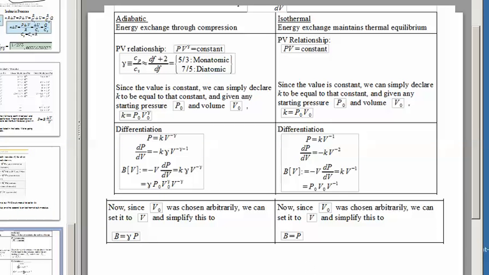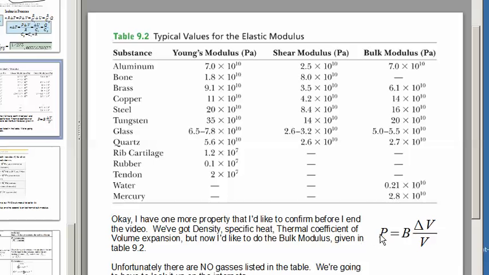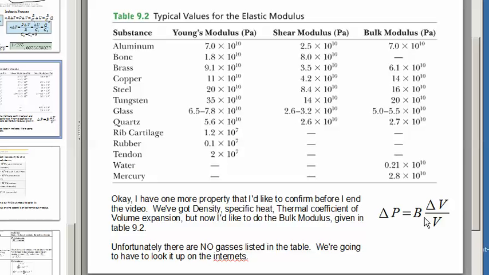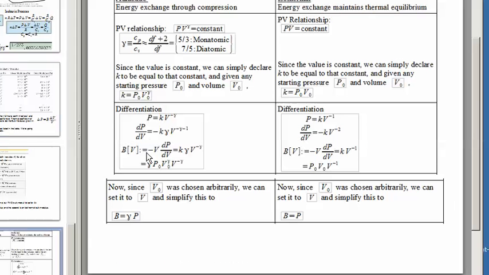All right. So anyway, you say the pressure is equal to some constant divided by V to the gamma, or the pressure is equal to K times V to the negative gamma, and take the differentiation of that, dP over dV, and then multiply that by V to get the bulk modulus, where delta P is equal to B delta V over V. And so I'm just plugging that in right here.